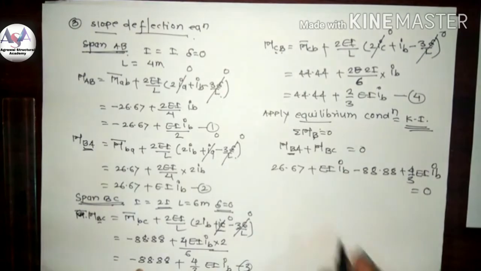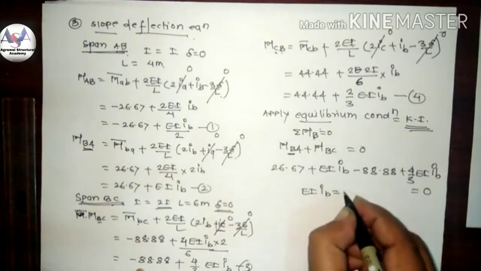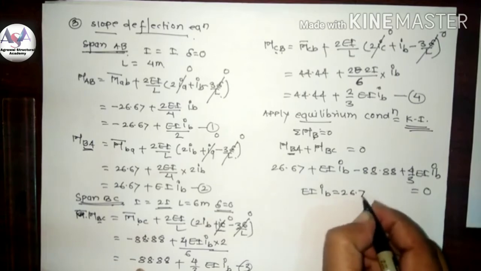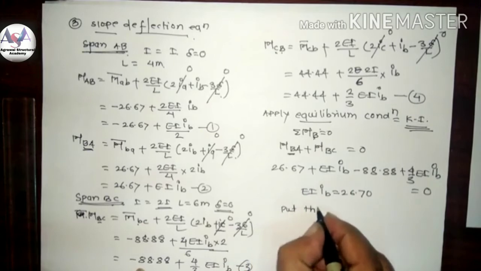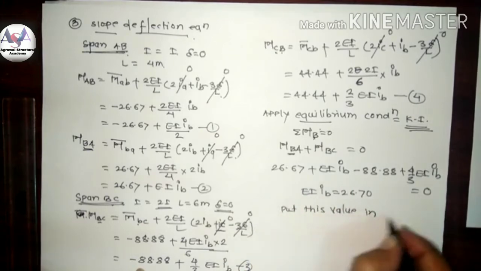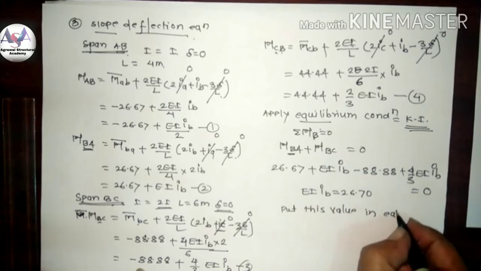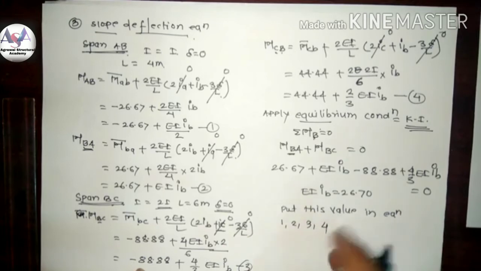So this we got here EIθB is equal to 26.70. So put this value in equations 1, 2, 3 and 4.